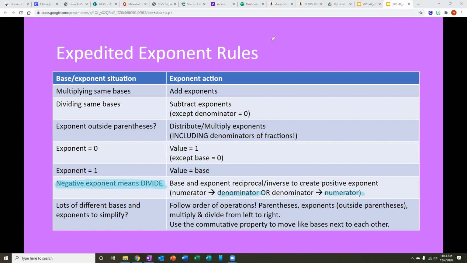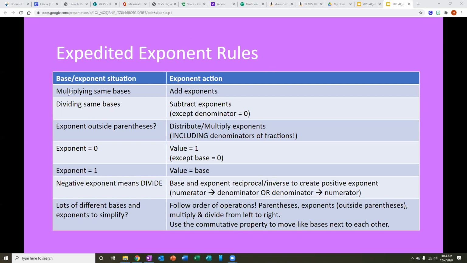And then let's say you get a bunch of different things that you have to do. You've got powers to powers, you've got negative exponents everywhere. There's just exponents everywhere. It's still the order of operations. So you do parentheses, which is grouping. Anything in the parentheses that you can do, you would do.